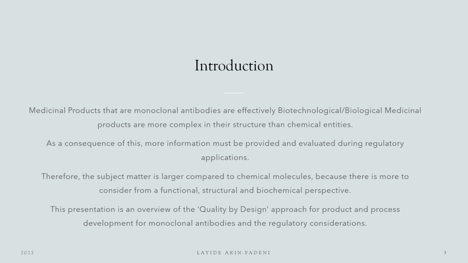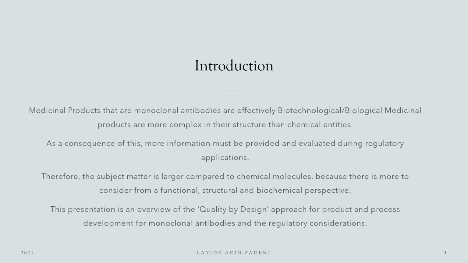If we compare them side by side with chemical entities, you can get a highly pure chemical entity with 99.9% purity in assays in terms of your actual active substance.